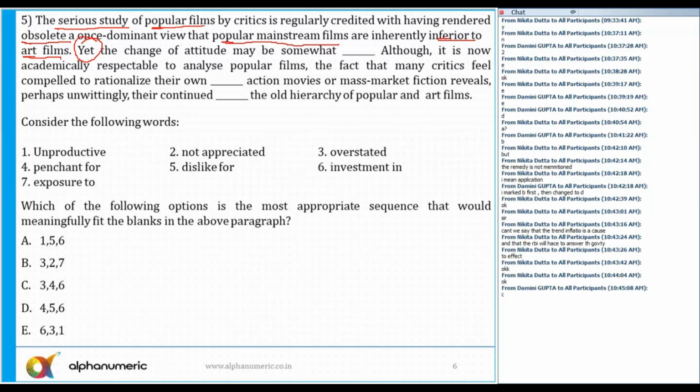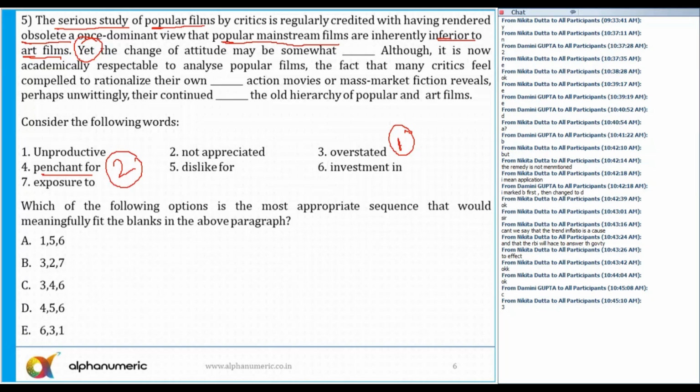Out of the options, the first option for the first blank is overstated. Yes, the change is somewhat overstated. Why is it overstated? Because although it is now academically respectable to analyze popular films, the fact that many critics feel compelled to rationalize their dash action movies. I think it should be penchant for.